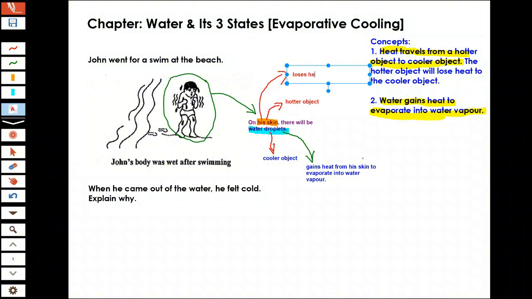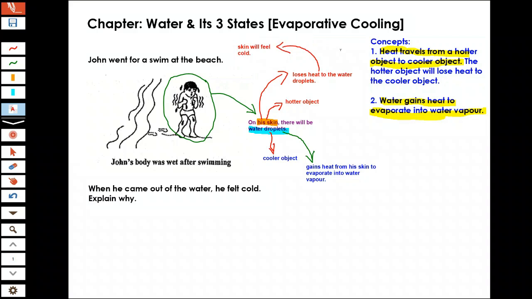The skin will lose heat to the water droplets. And what happens when skin loses heat? That's where something else happens here. I'm going to draw an arrow. When skin loses heat, the skin will feel cold.